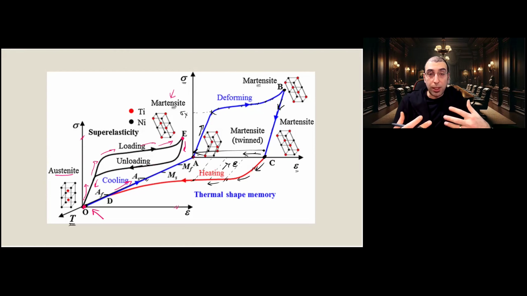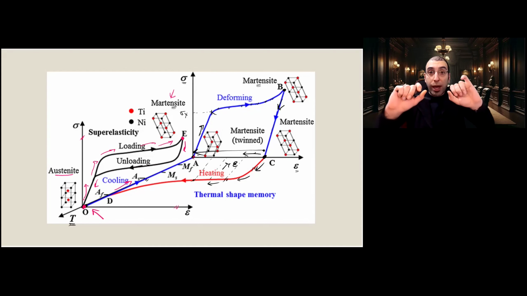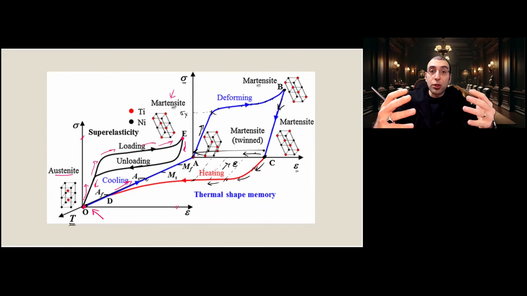That property, that you apply a lot of plastic deformation on a shape memory alloy and it recovers by itself at the same temperature, we call pseudoelasticity or superelasticity, because that's kind of like elastic behavior, right? Elastic behavior is reversible behavior, just like this flat line here that we have.